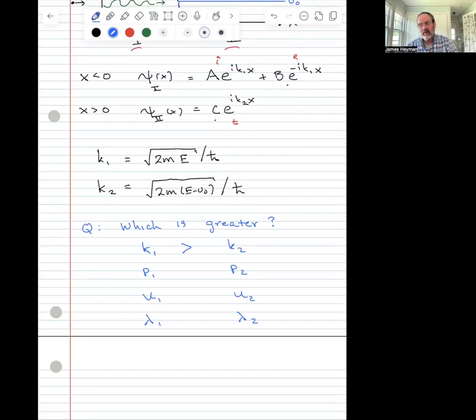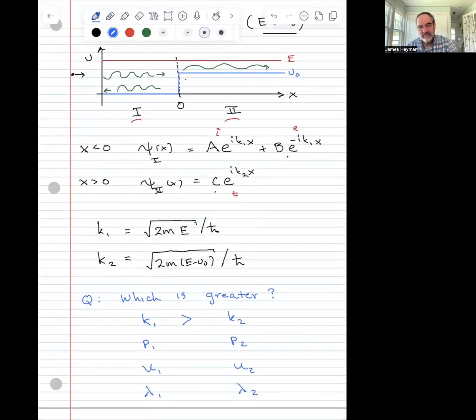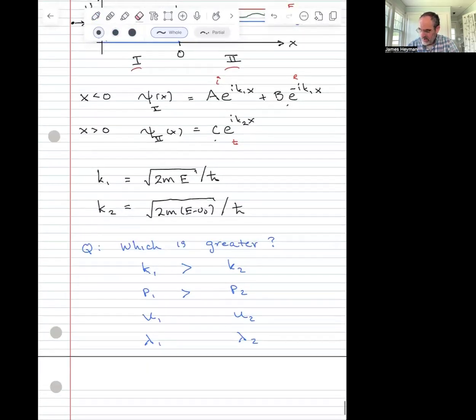Which is greater, the momentum p1 of the particle in region 1, or the momentum of the particle in region 2? Or if you like, the momentum of an incident particle or the momentum of a transmitted particle? What do you think? Well, remember, p is just h bar k, right? So this must be true also.